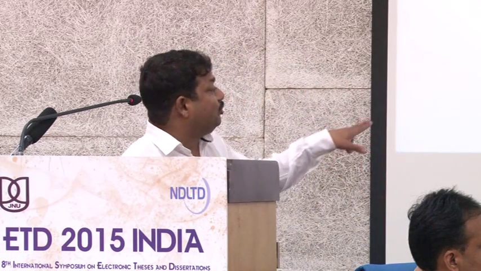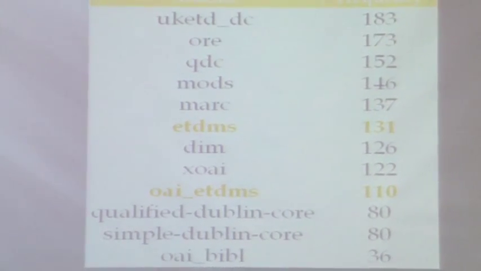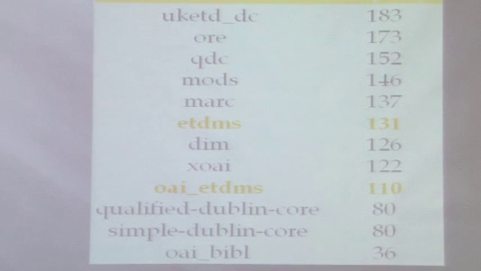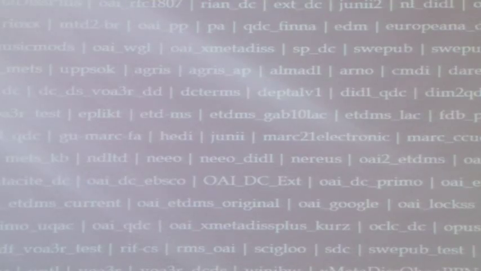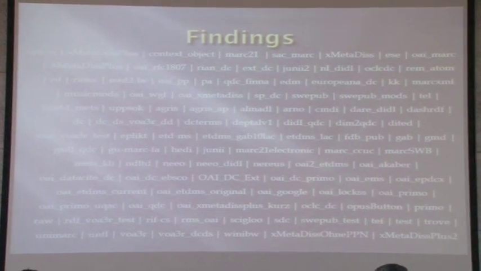Besides that, there are 6 more instances of the same metadata scheme with a different name in the description of metadata prefix. And other schemes are there. So just to have a look at the other metadata schemes, I have put all of those in one slide, not to read out. These are the metadata schemes being used by these ETD repositories.